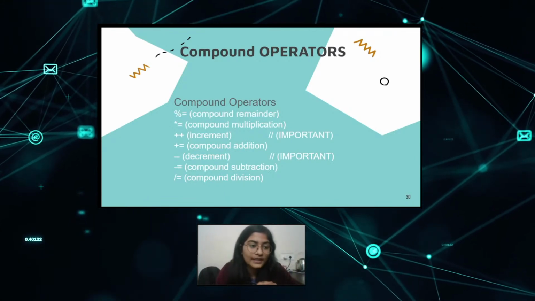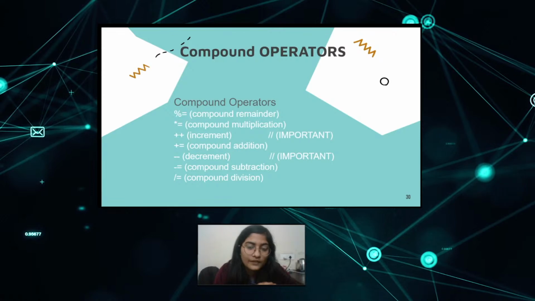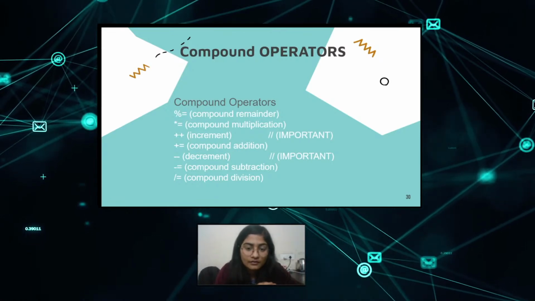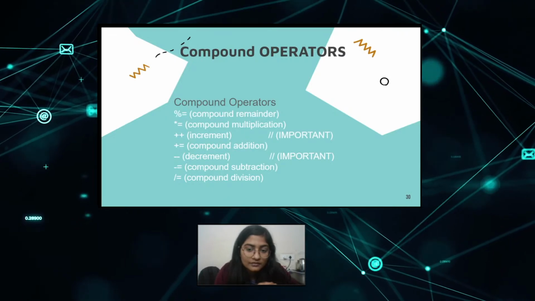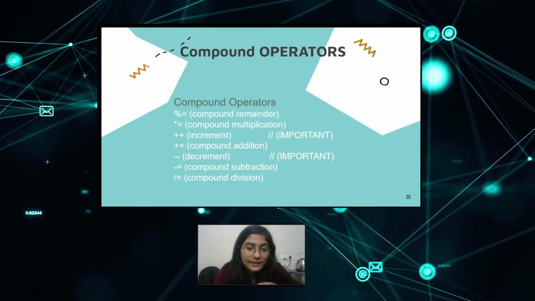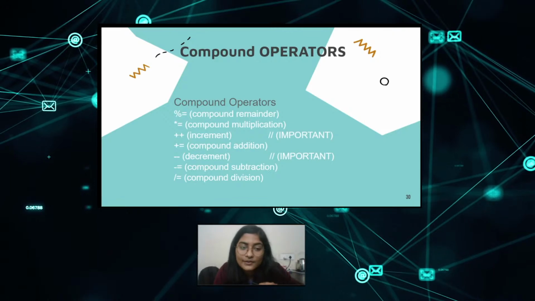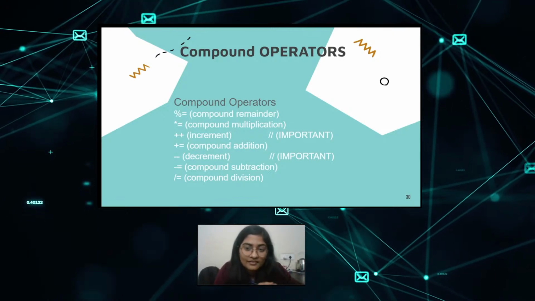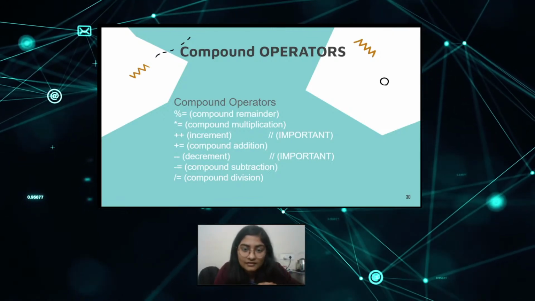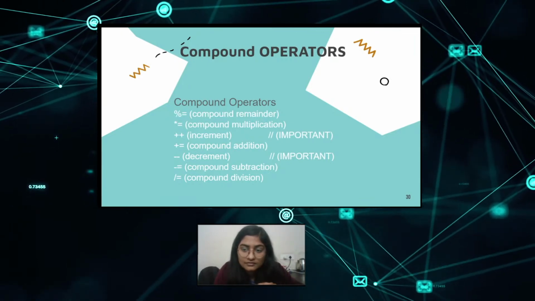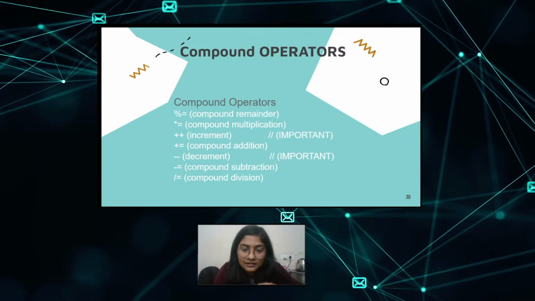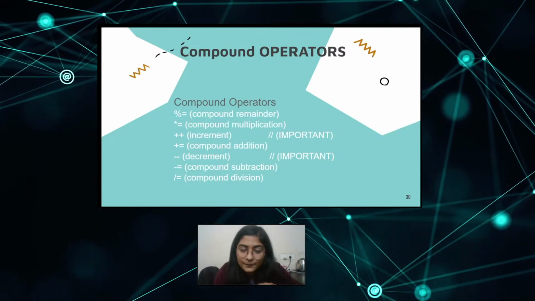So any guesses what will be the value of a when we take a equals to 10? Write your answer in the chat box. It will be the same as a equals to a mod 5.